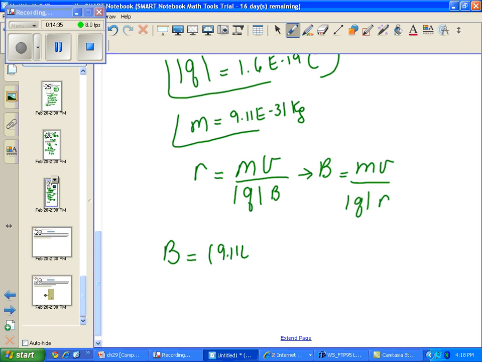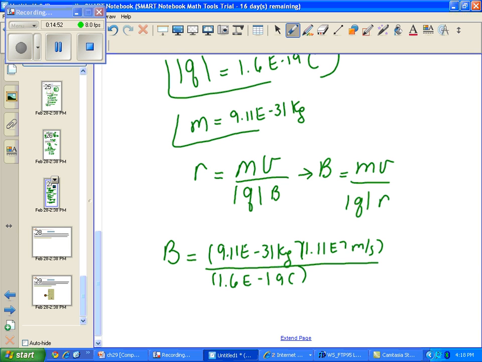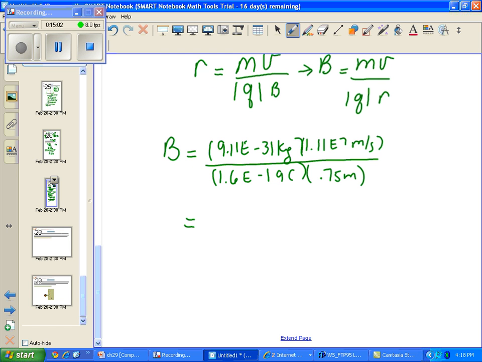Well, 9.11 e to the minus 31 kilogram times 1.11 e to the 7 meters per second divided by 1.6, here's the magnitude only, because of course the negative is irrelevant to us here, times 0.75 meters, and we see that B has a value 8.42 e to the minus 5 Tesla.